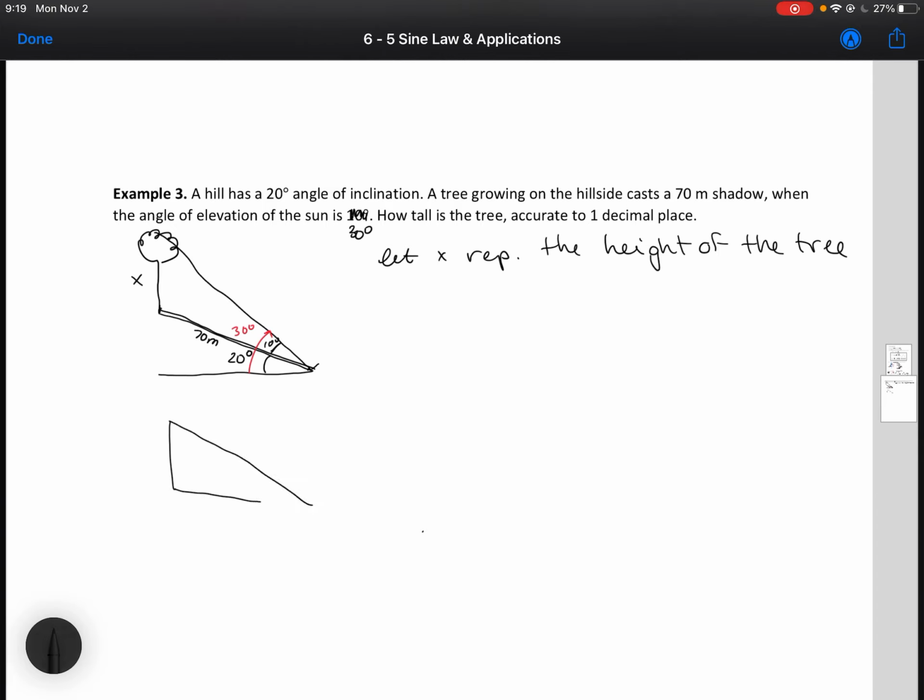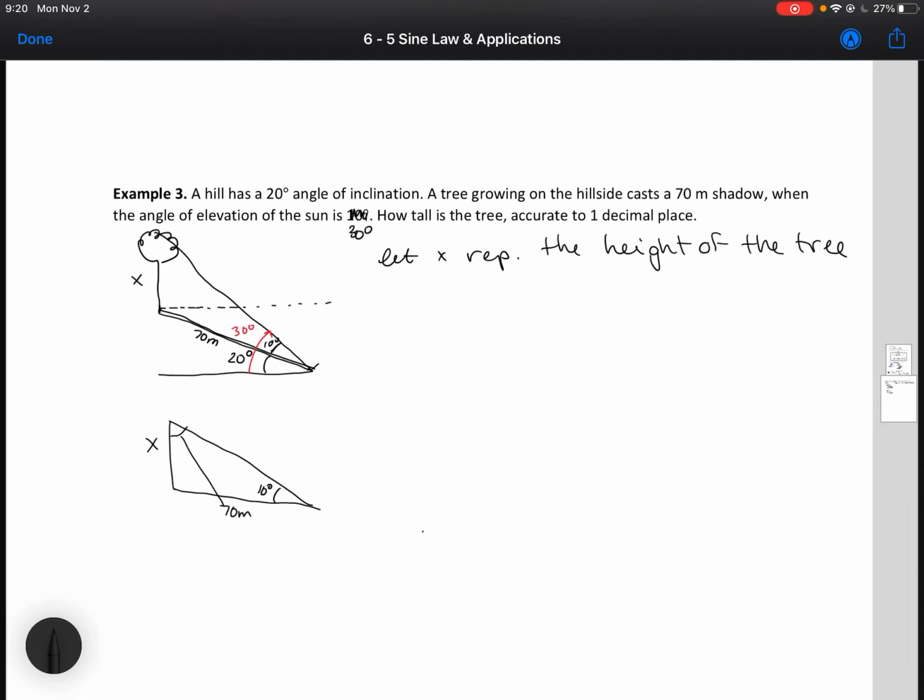Now, if I draw a sketch down here, I've got a triangle where I know this side, I know x, I know my angle here. If I knew this angle up here, I could use the sine law because I would have an opposite pair. So let's take a look.